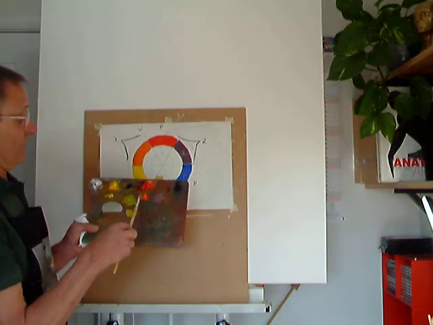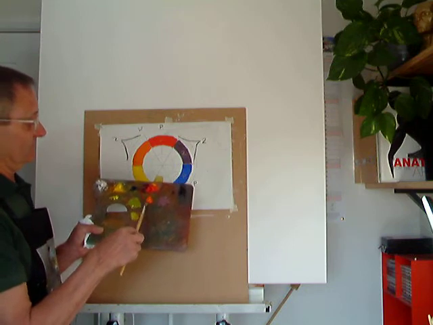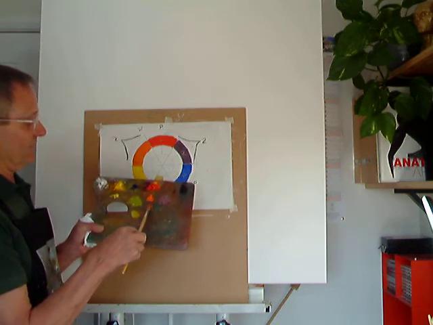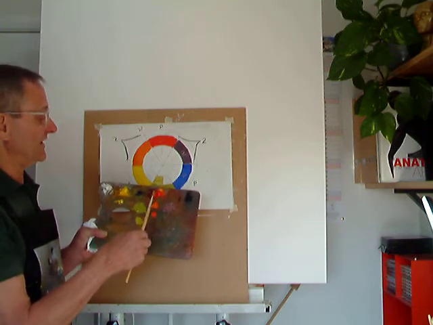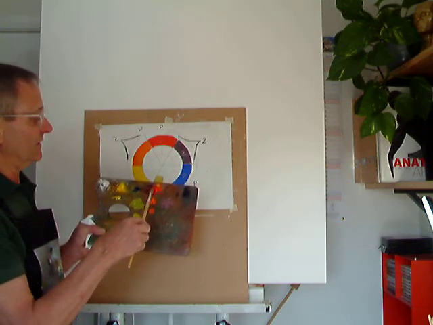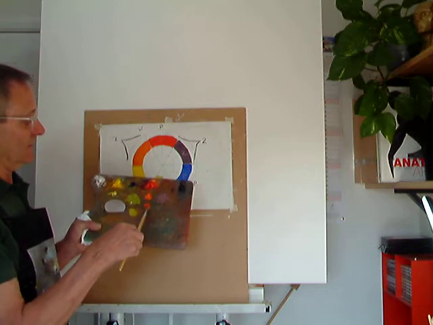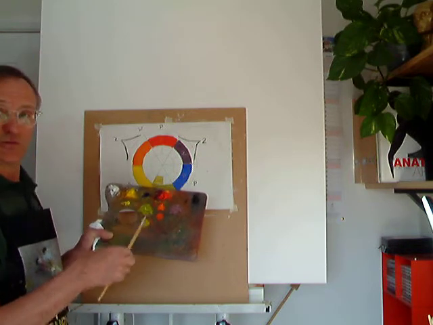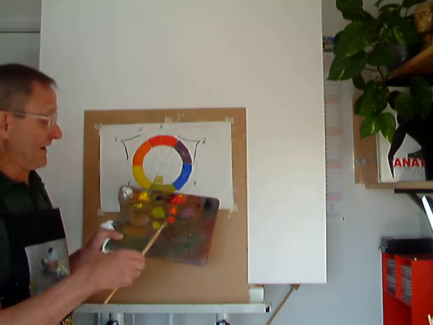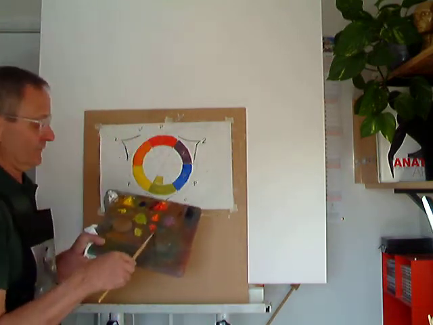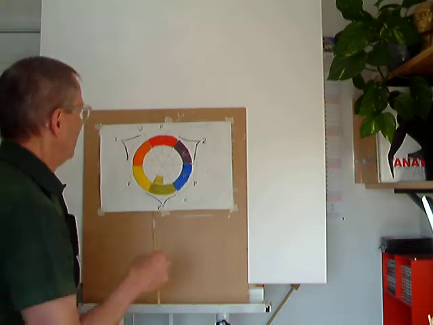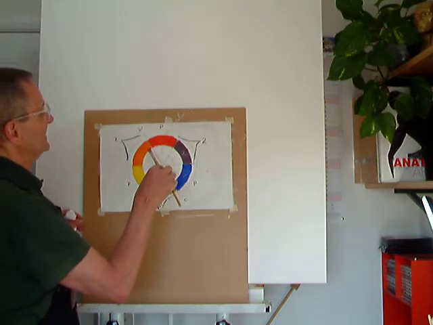So we're going to take our orange, place it underneath, a spot more red, should be 50% of each, and that gives us an orange red or a red orange. Spot of medium. I'm going to place that in this one here.